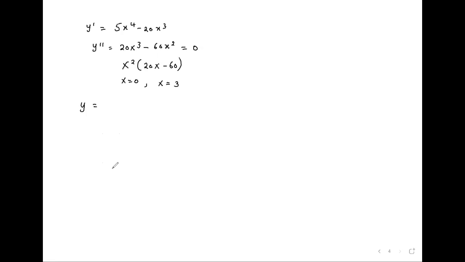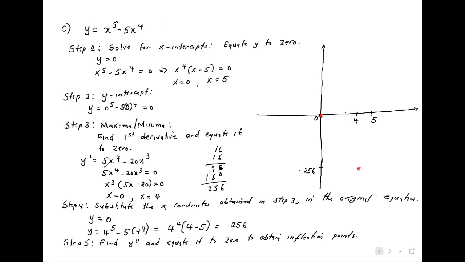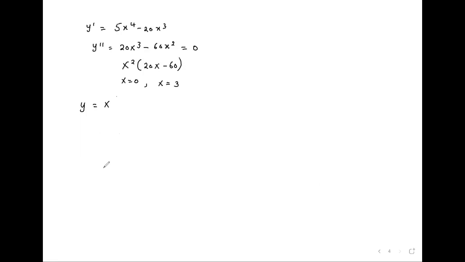So y is equal to, we're now dealing with the original again, x^5 minus 5x^4. When x is equal to 3, we get 3^5 minus 5 times 3^4. So we factor out 3^4, we remain with 3 minus 5.